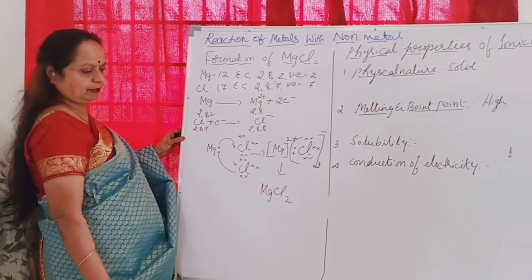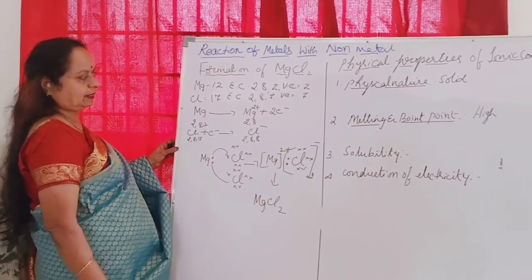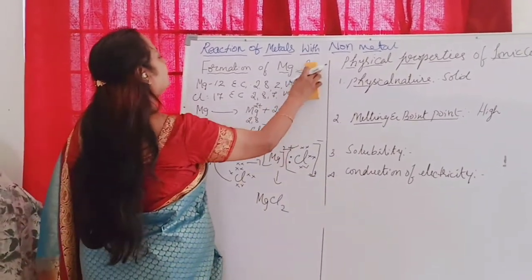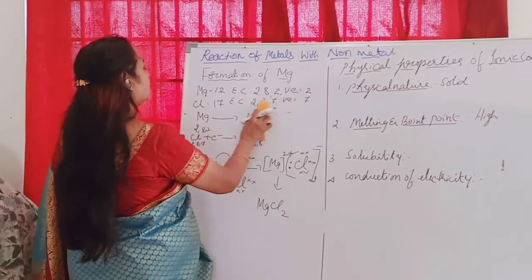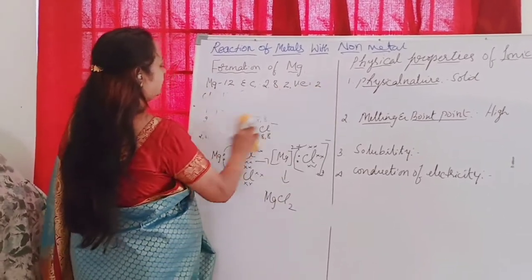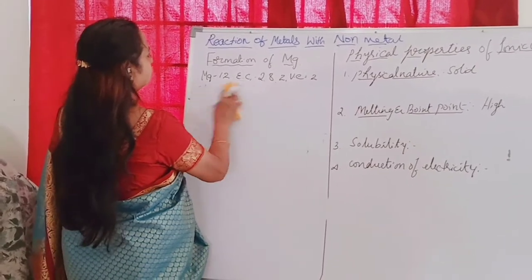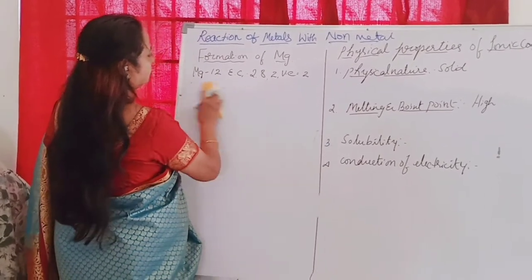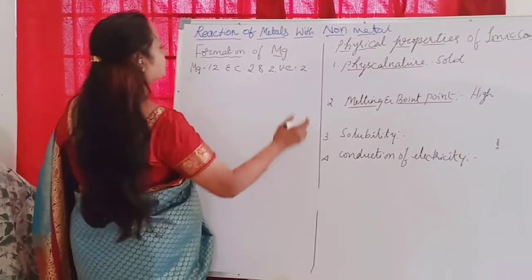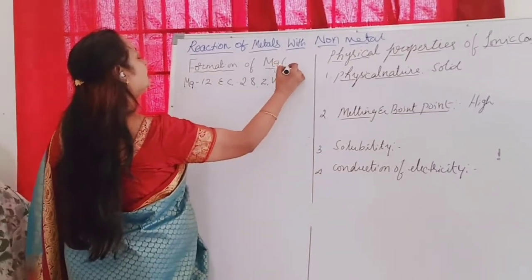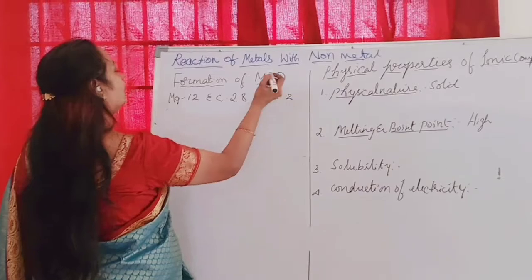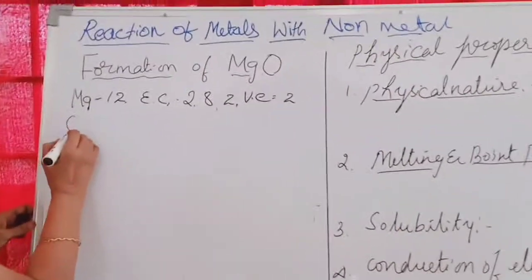So look at the blackboard, children. Clear? Now let us take formation of magnesium oxide. What is the formula? MgO. So, oxygen.